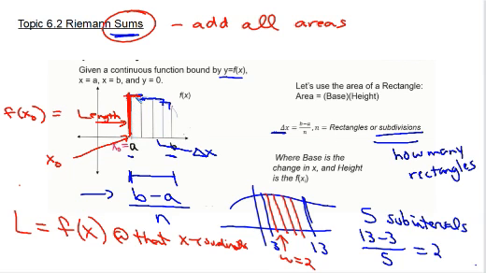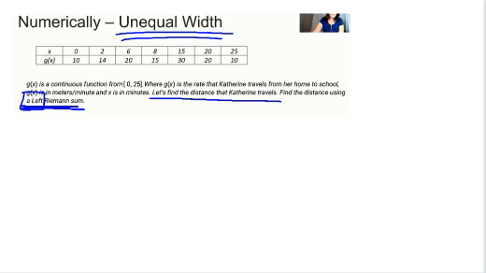So we would use that length for that rectangle. Then on the next rectangle, I would use the left edge again. That would be my length. So when we talk about a left Riemann sum, we are using the left edge.